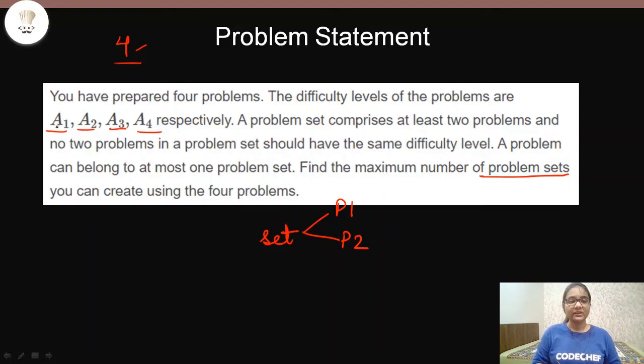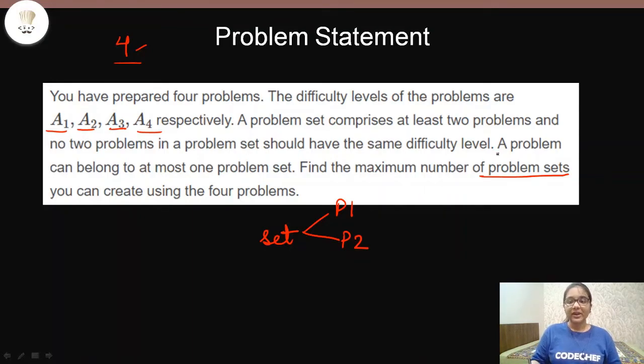Here we will be given A1, A2, A3, A4, which represent the difficulty levels of P1, P2, P3, P4, that is the problem number. So that means if P1 and P2 have the same difficulty level, then they cannot be in the same set. And a set can comprise 2 or more problems, not less than that.